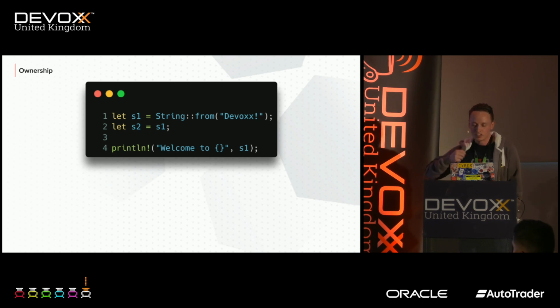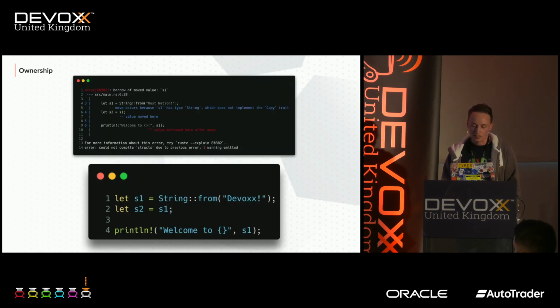Now, the interesting thing about ownership is this piece of code here, right? We are assigning a string to a particular variable, but then we're declaring a new variable and reassigning that first variable to this new one. What's going to happen here is that it's going to be very unhappy.